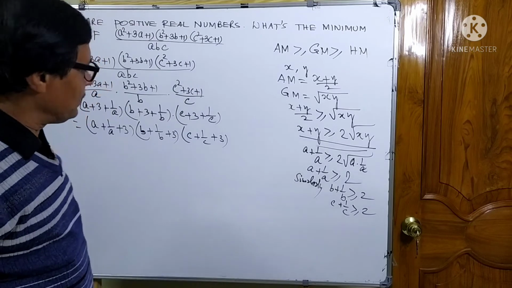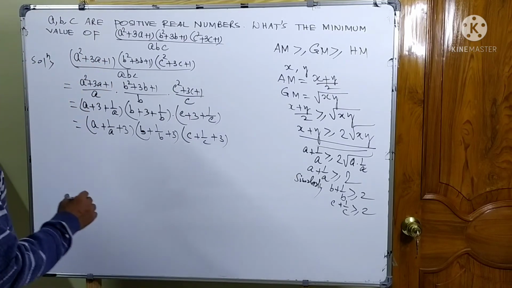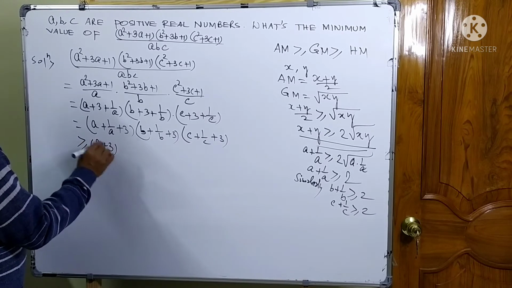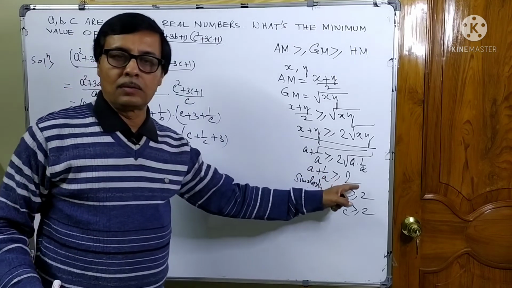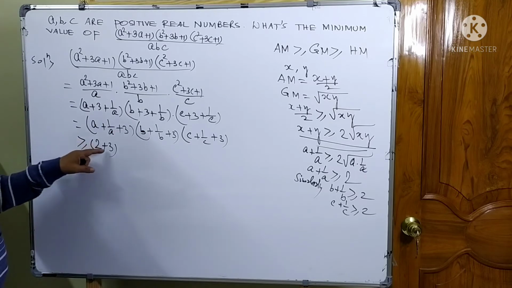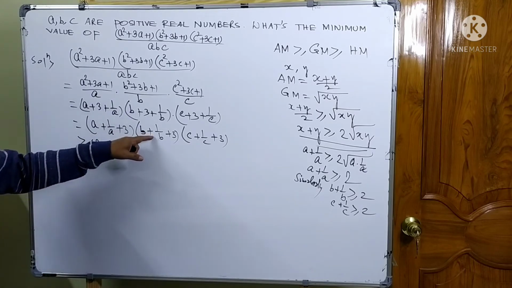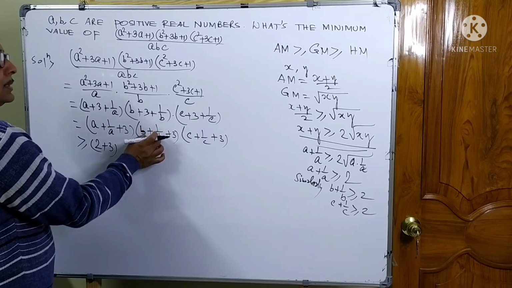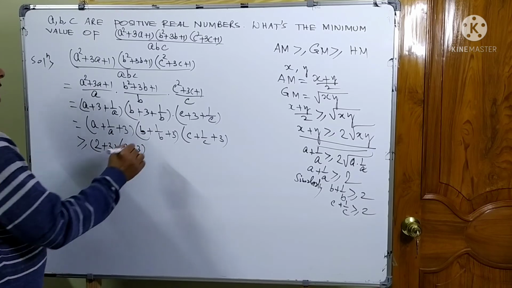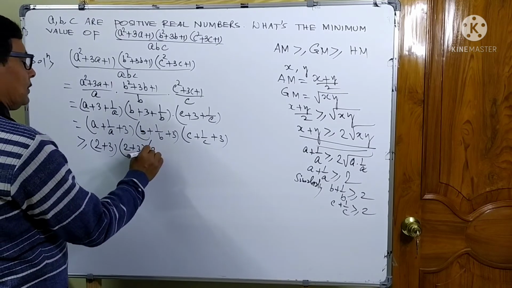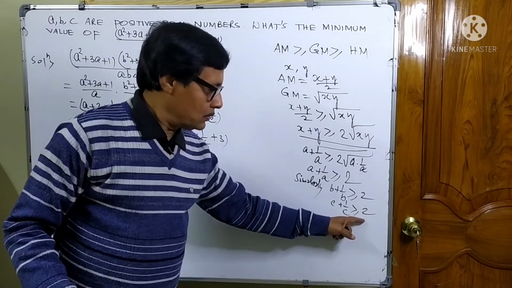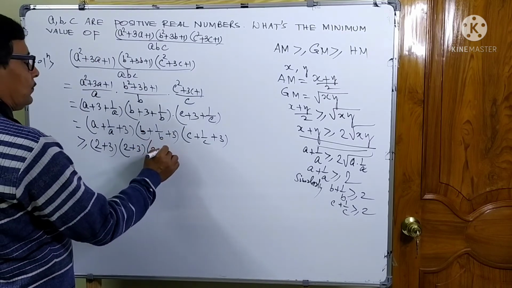We can put this inequality in this expression, and we get that the expression is greater or equal to (2 + 3) multiplied by (2 + 3) multiplied by (2 + 3).